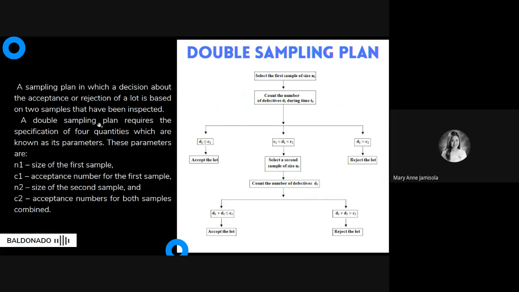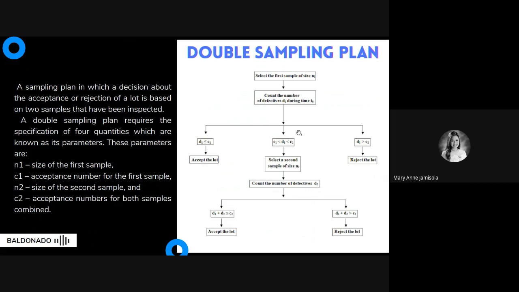A double sampling plan requires the specification of four quantities, which are known as its parameters. What are these four quantities? We have N1, which is the size of the first sample. N2 is the size of the second sample. C1 is the acceptance number for the first sample. And C2 is the acceptance number for both samples combined.